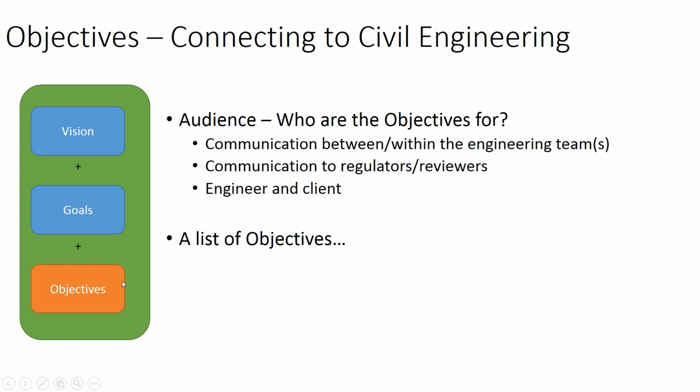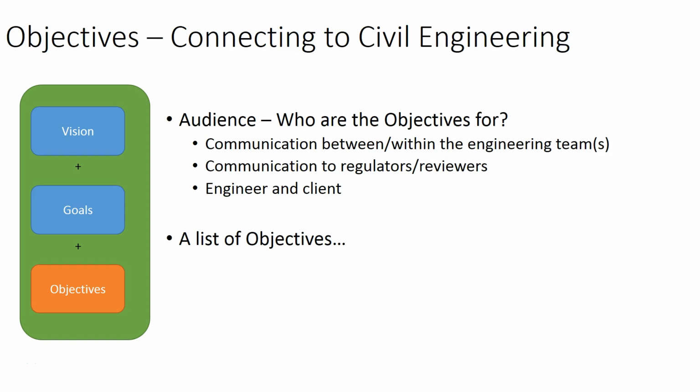As you begin the process of developing the list of objectives for your specific project and connecting that to the overall civil engineering design process, it's important to recognize another shift in the audience these objectives are intended to connect. I like to think of objectives as being very useful for communicating either between different engineering teams or within an engineering team.